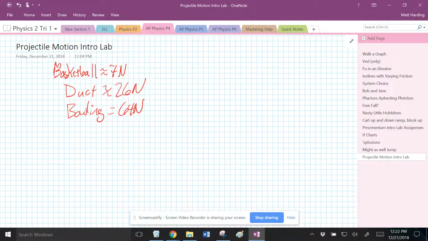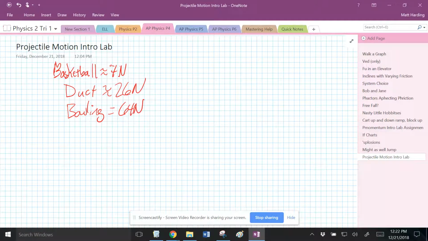So in looking at that, is there a pattern as to the acceleration and the type of ball that's involved? In other words, basketball is the lightest, bowling ball is the heaviest. Is there kind of a pattern to that?